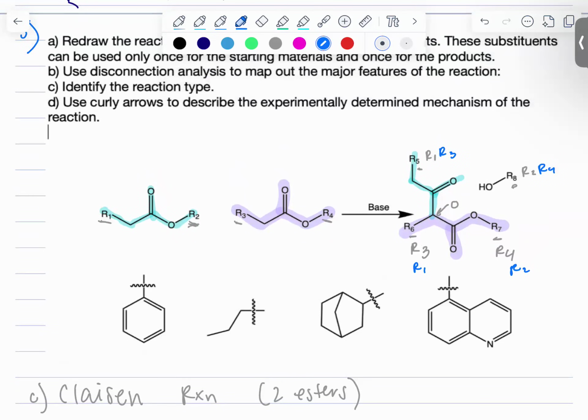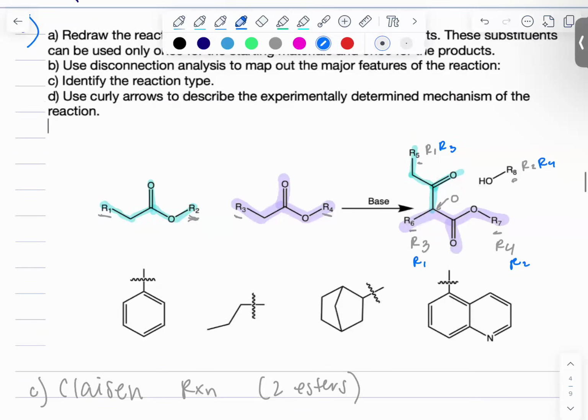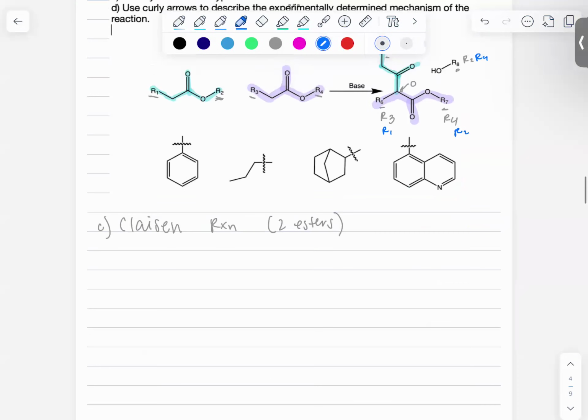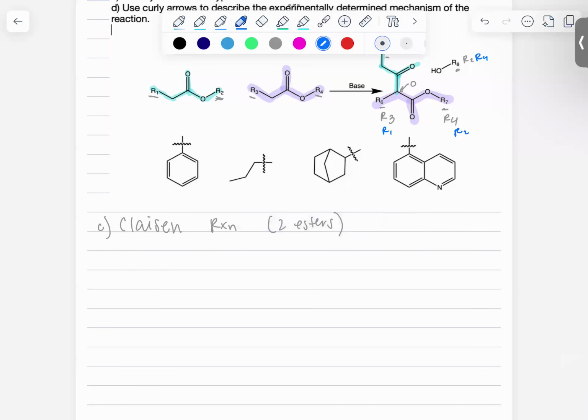Instead of redrawing, this is the easier, faster alternative. Now we can do disconnection analysis with it. What bonds need to be broken?